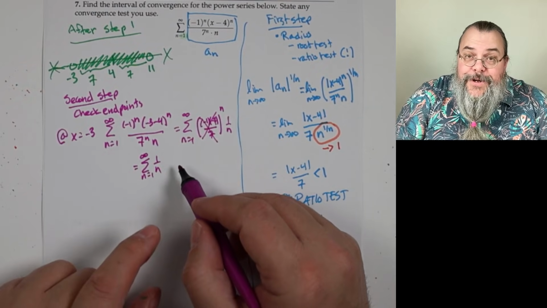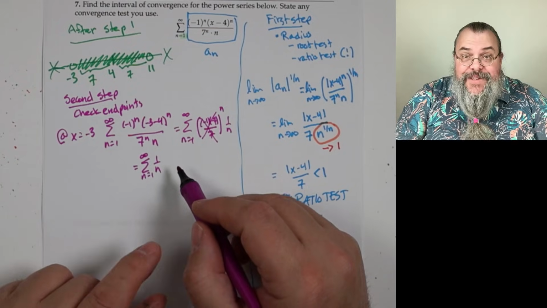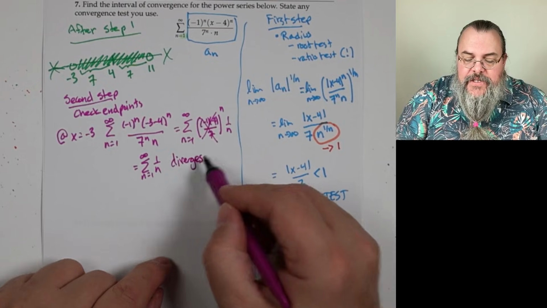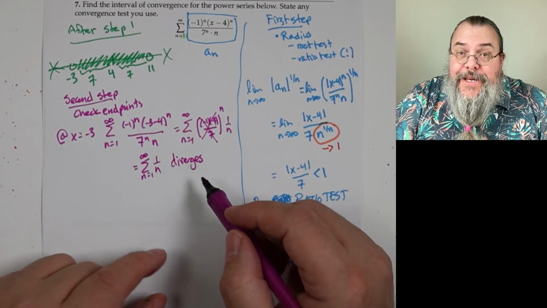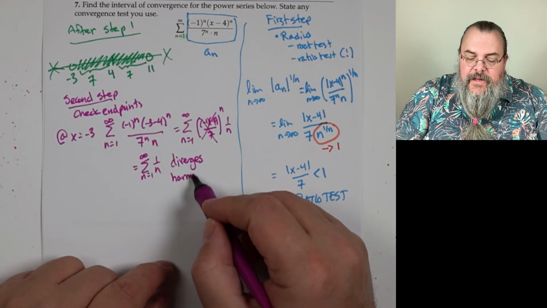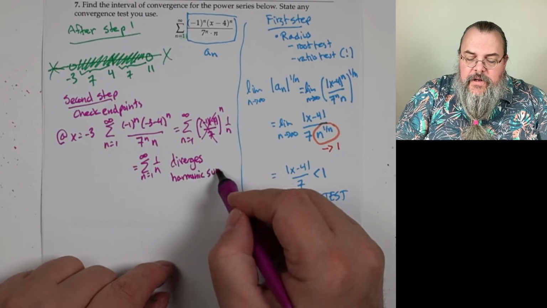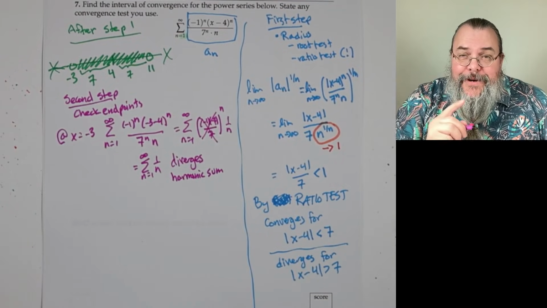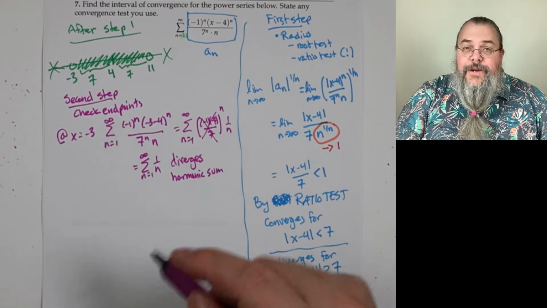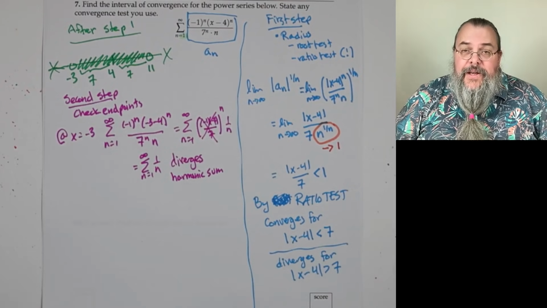So what do we know about this sum? Famous sum. It diverges. Why does it diverge? It diverges because it's a harmonic sum. It's that one sum right at the very edge. So that's our test. We know what the sum looks like.